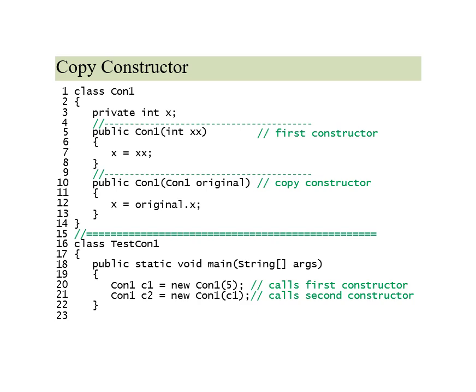So the new triggers the creation of a new con1 object, and then the computer invokes the con1 copy constructor, but this time it's going to execute the one that starts on line 10, because the type of C1 is con1, and the type of the parameter on line 10 is also con1.